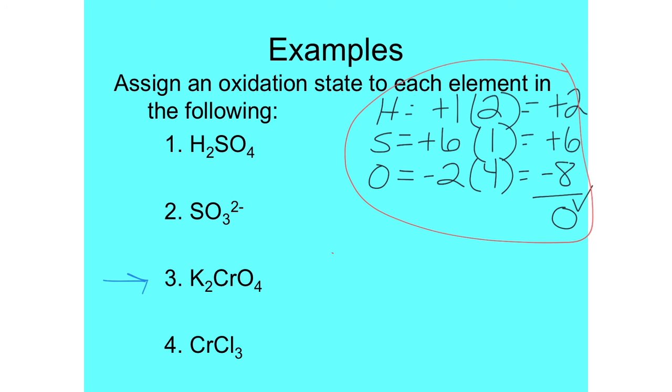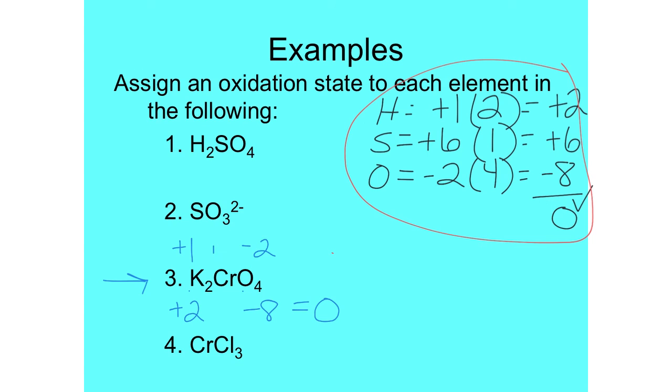All right. So in number 3, we can start with either K or O because they both only have one possibility. It makes no difference which one you start with. So we start with K, +1 for the individual. We have two of them though, so that gives us a +2 total. Oxygen, -2 times 4 gives us -8. We're going to have to get to 0.